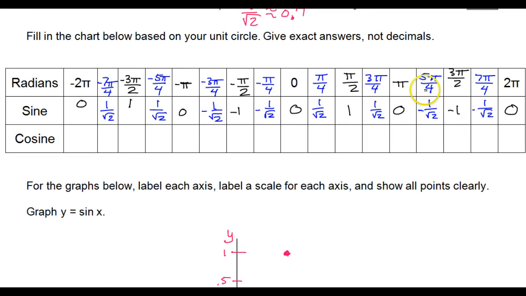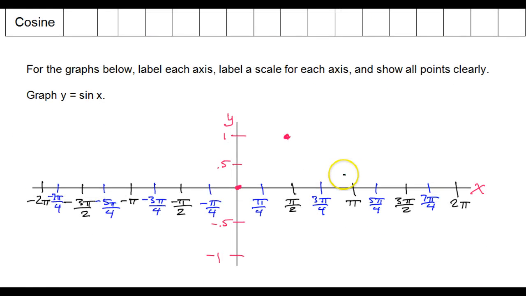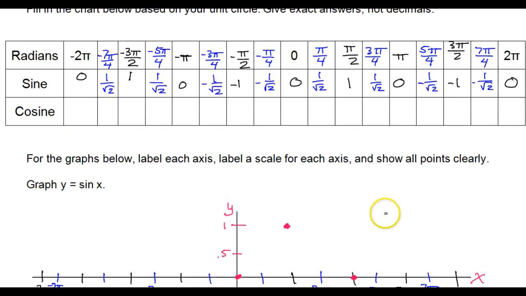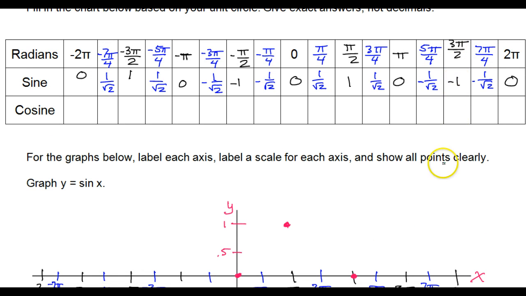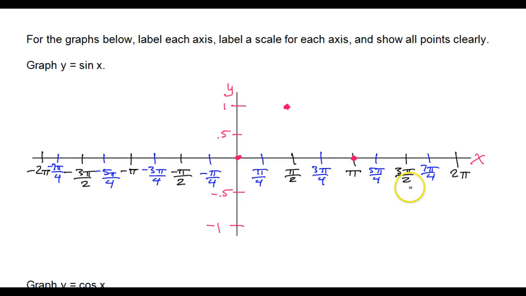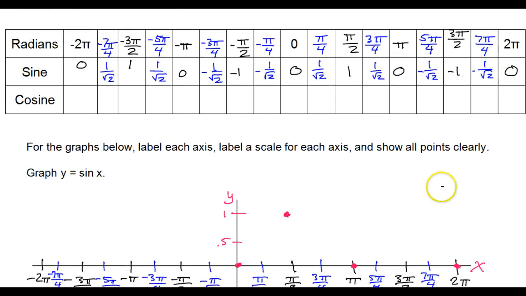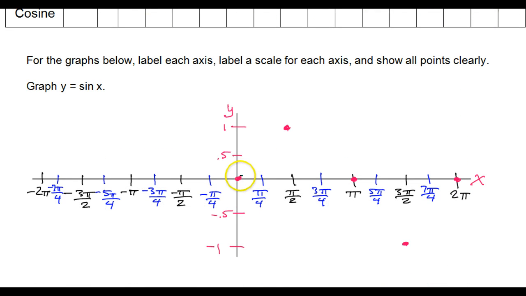And then at pi, we came back down to 0. Then at 3 pi over 2, we dropped to negative 1. And then at 2 pi, we were back to 0 again. So you can see the pattern that's happening. It's rising, and then it's falling, and then it's rising again.